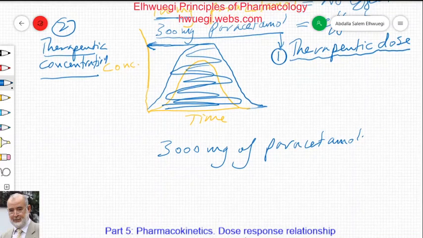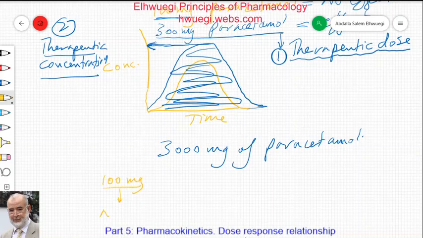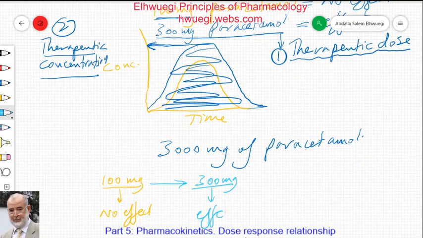So at the beginning, I started with 100 milligram and there was no therapeutic effect. I increased the dose up to 300 milligram and this produced an effect. As I increase the dose, the effect will continue till I reach a dose that can produce toxic effect.